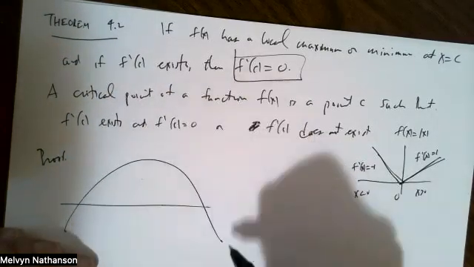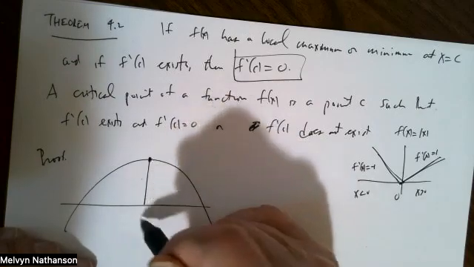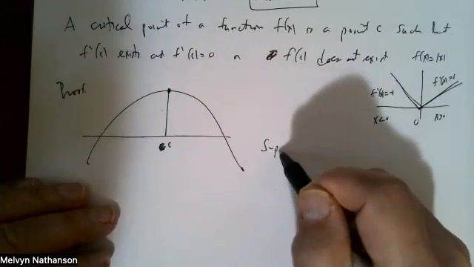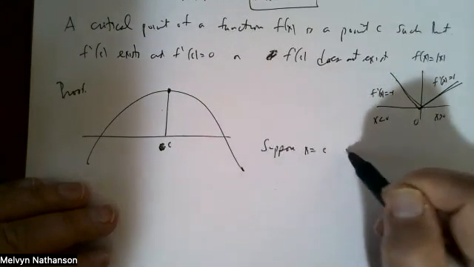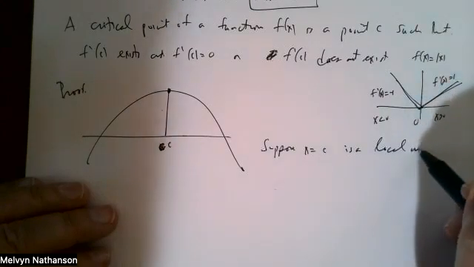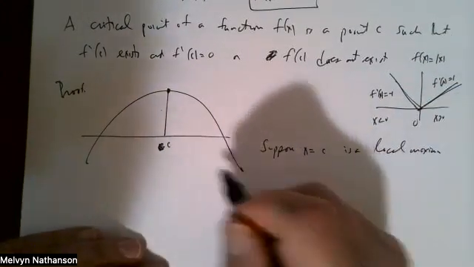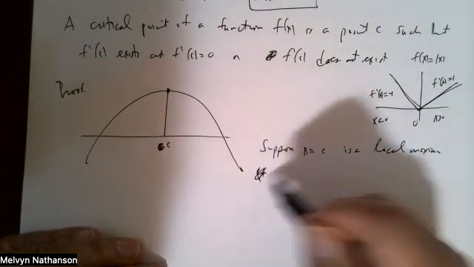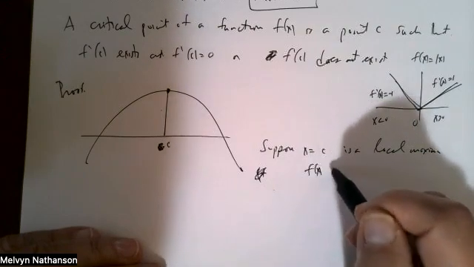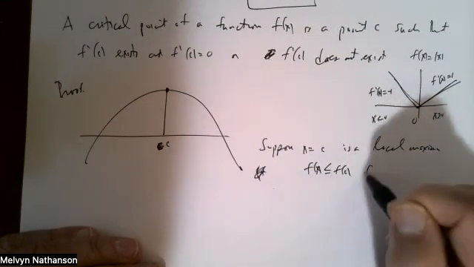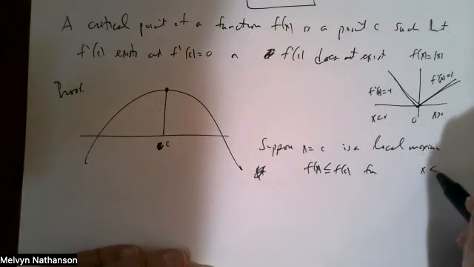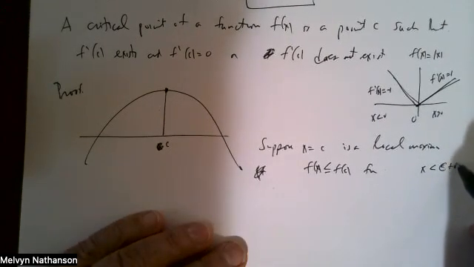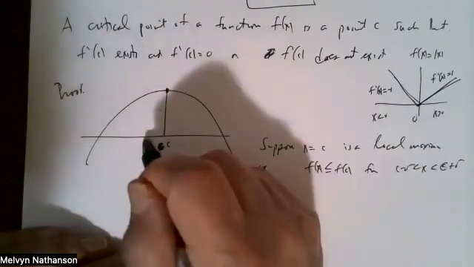So suppose we have a local maximum, say at x equals c. That means that f of x is less than or equal to f of c for all x in some interval, c plus delta and c minus delta.